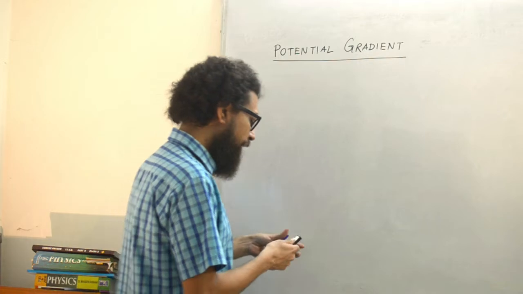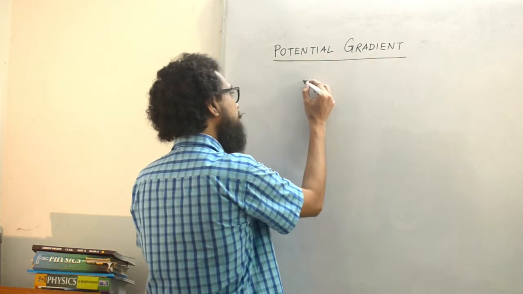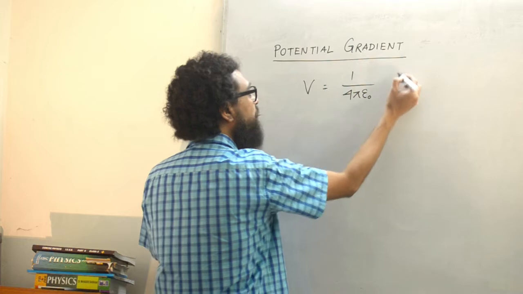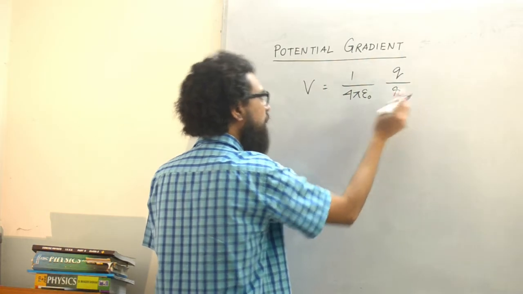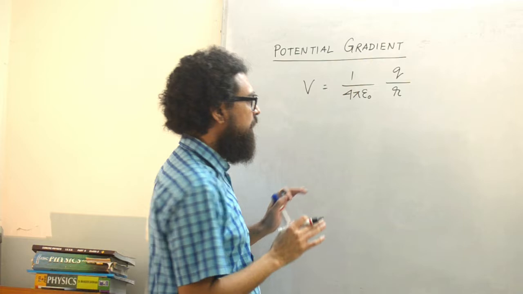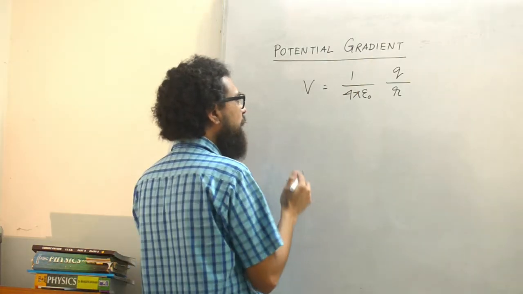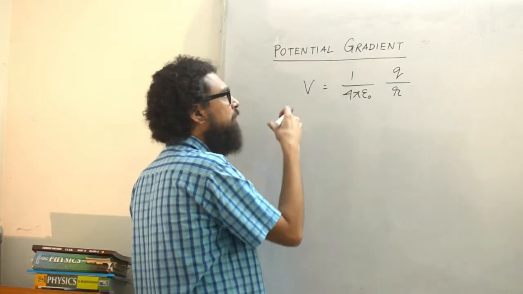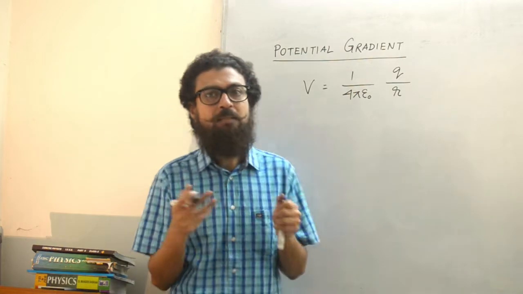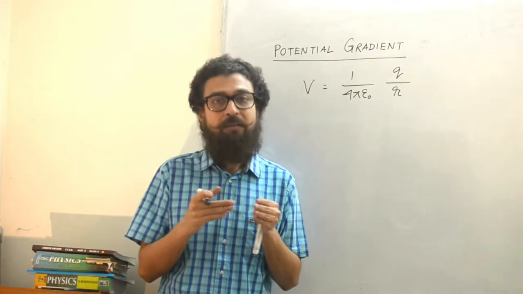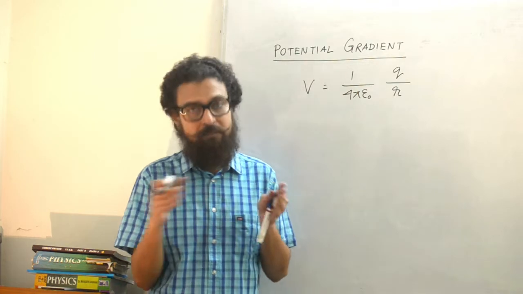So potential gradient: suppose we have the expression potential V is 1 by 4 pi epsilon naught Q by r. I'm talking about a point charge. If we take the gradient, we'll be taking the slope of potential with respect to the distance, the radial vector.